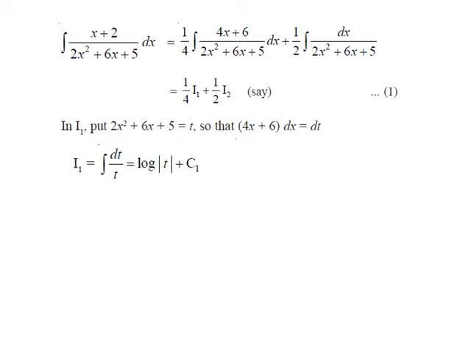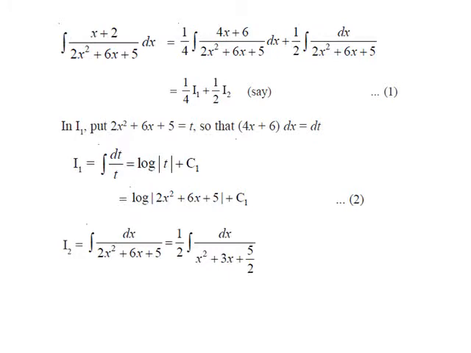As we know, integral of 1 by t with respect to t is log mod t plus c1. In next step, put t equals to 2x square plus 6x plus 5. We get log mod 2x square plus 6x plus 5 plus constant c1. Marked it number 2.